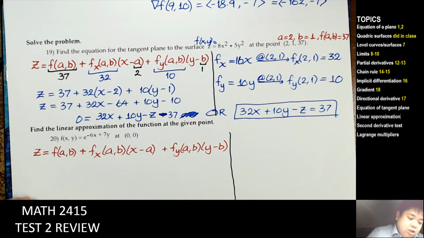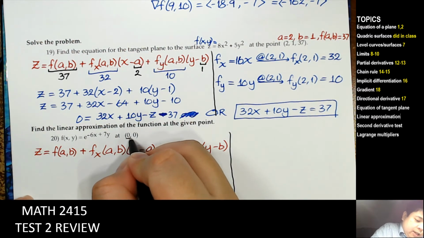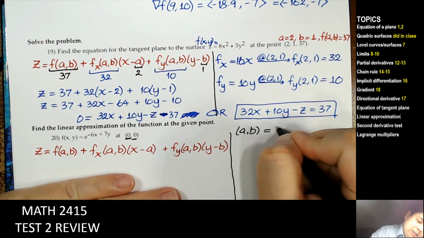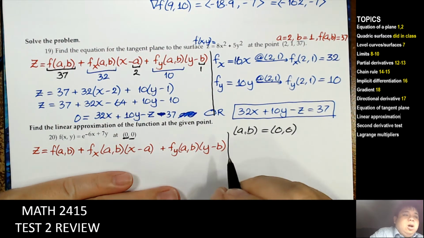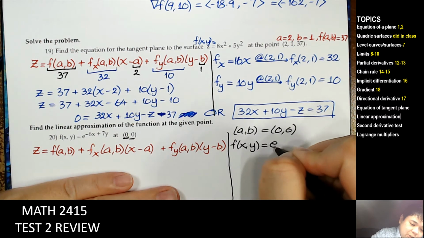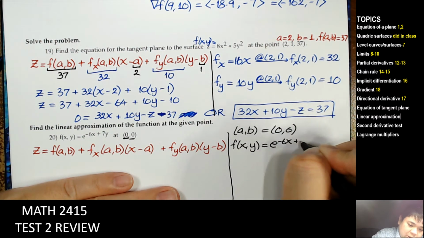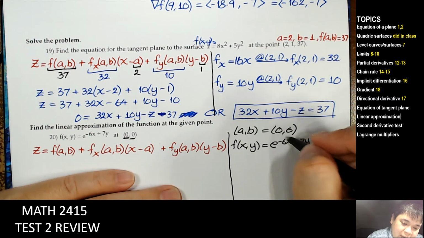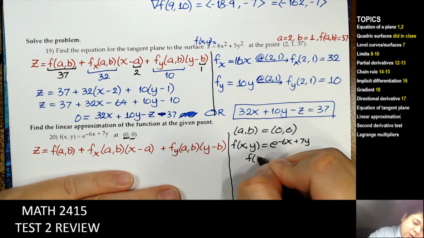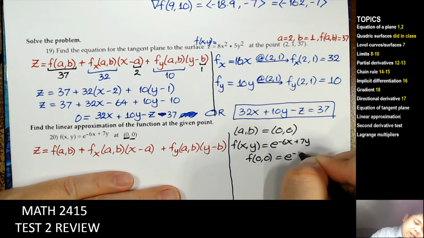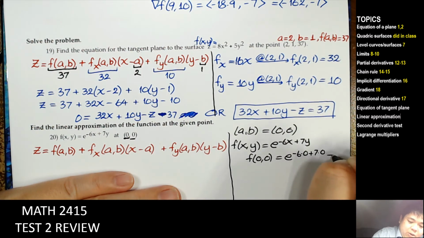Right. First of all, this is A, this is B. The function, when at 0, 0, we have the function at 0, 0: e to the negative 6 times 0 plus 7 times 0. e to the 0 power is 1.